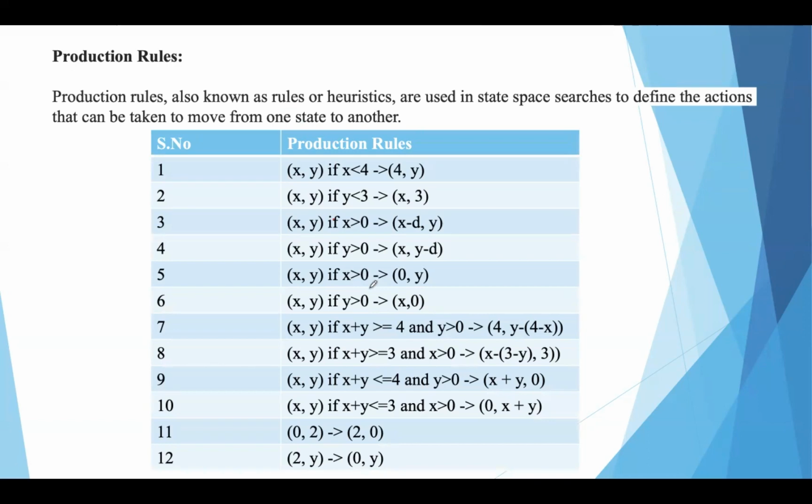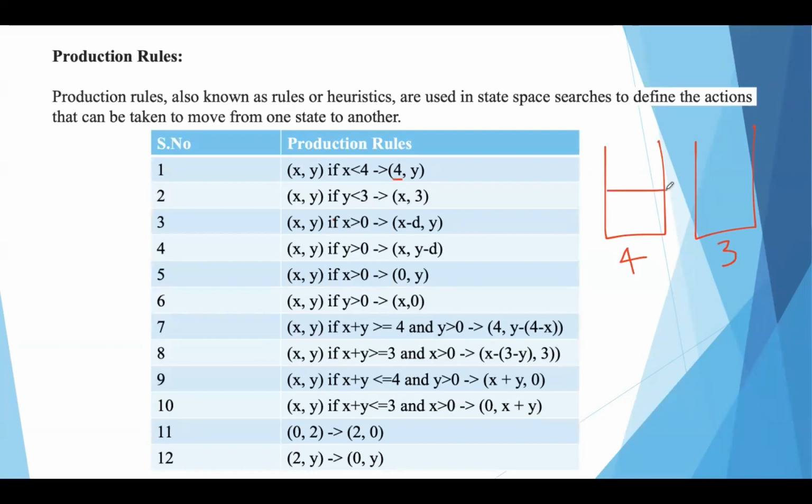Here the first one: if x is less than 4, that means the water present in this 4-liter jug is less than 4, then you can fill this jug completely.